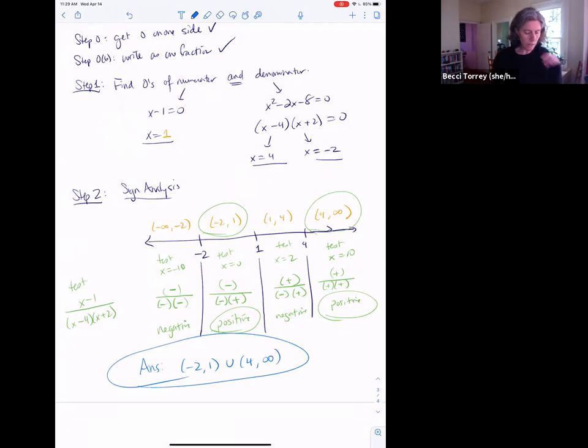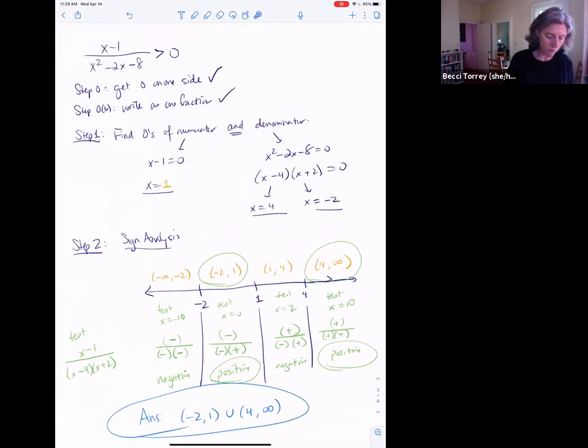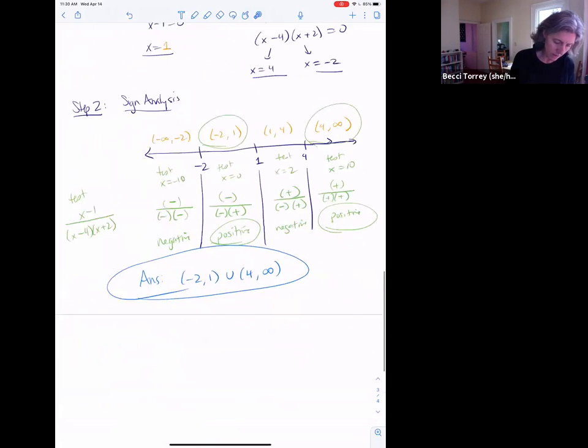So that's how we would do it in this case, where we have what we call a strict inequality, strictly bigger than 0. If we had the exact same problem, but we had greater than or equal to, we'd get a slightly different answer.